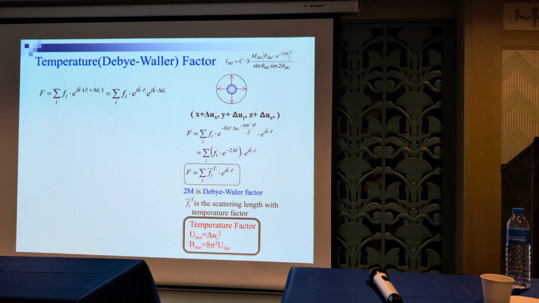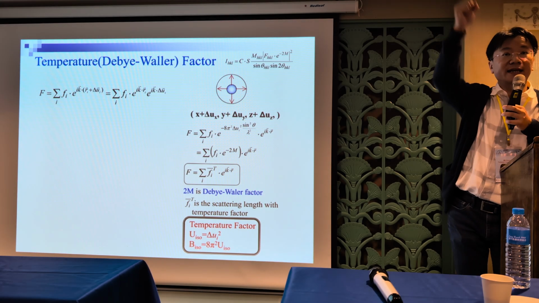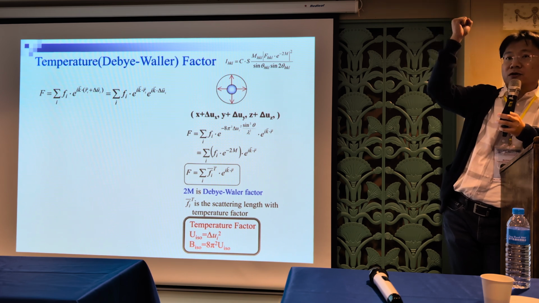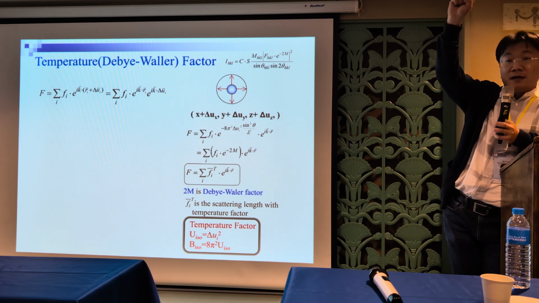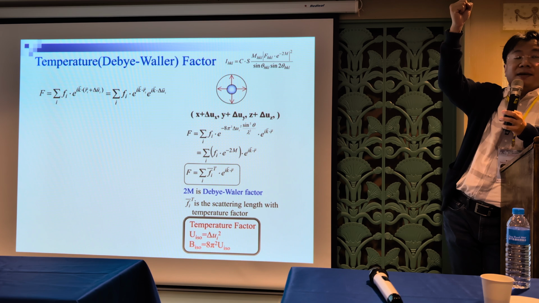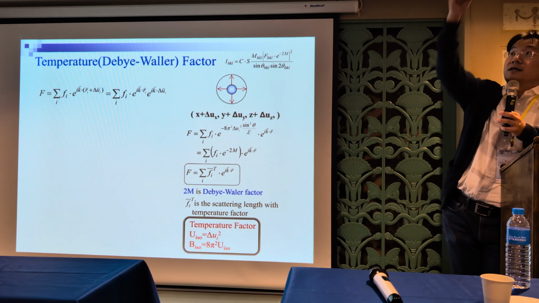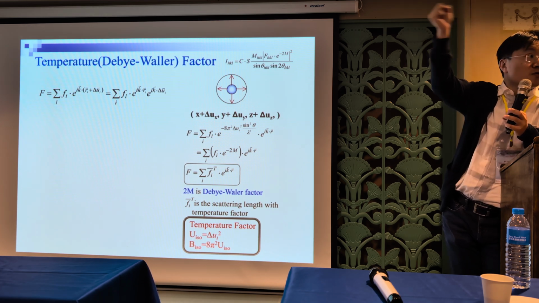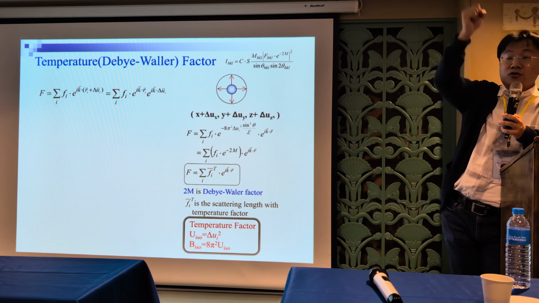Okay, so the other very important factor is called the Debye-Waller factor. This factor originates from the thermal vibration of the atoms. Typically, the atoms are located at a certain point, but the thermal vibration will let the atoms move apart from the origin.